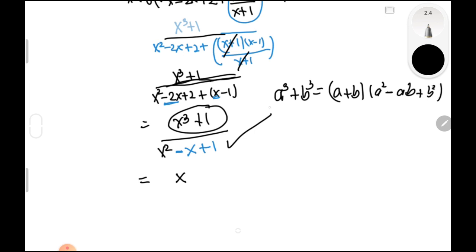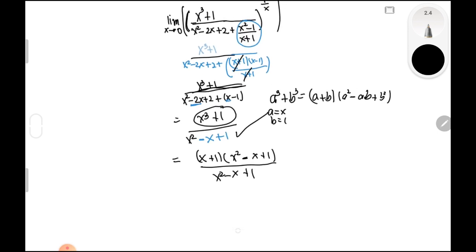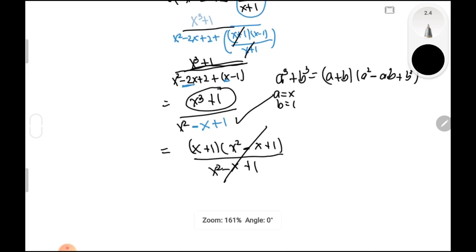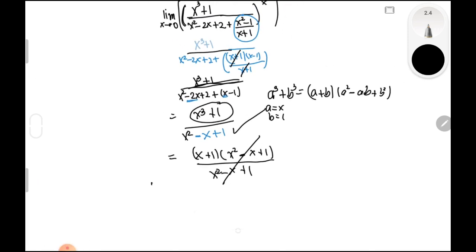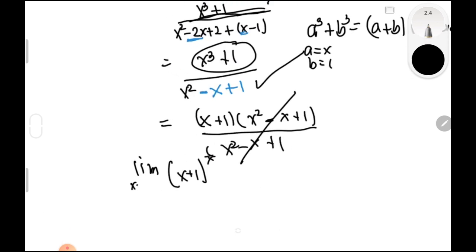Okay, so in this equation, our a is equal to our x, and our b is equal to 1. Okay, so therefore we will have a value of x plus 1 multiplied by our x squared minus x plus 1 divided by x squared minus x plus 1. Okay, so from this, you will see that we would come to a solution that the limit of x plus 1 raised to 1 over x as x approaches 0.